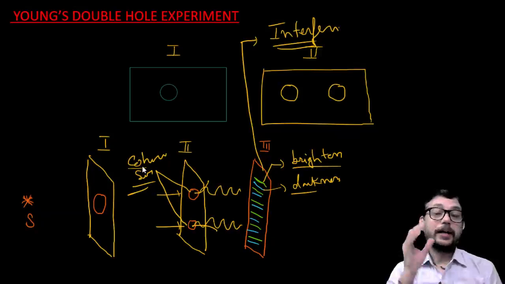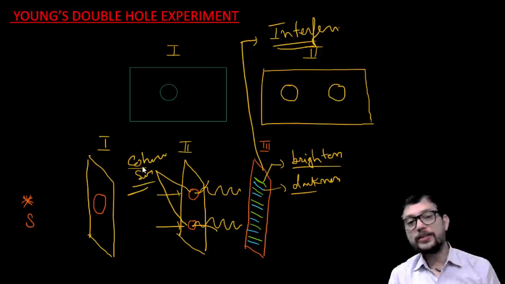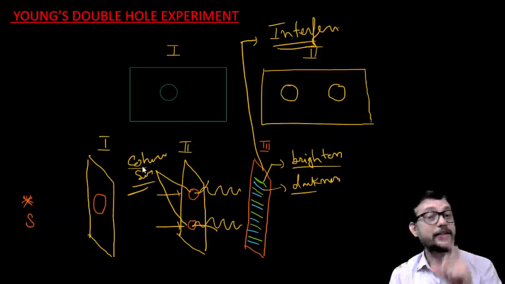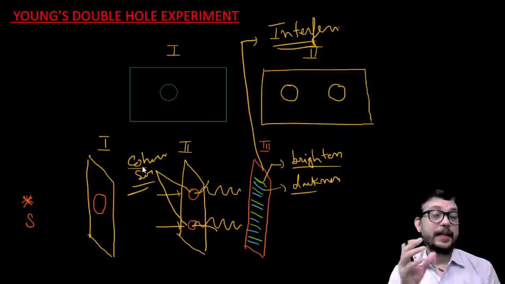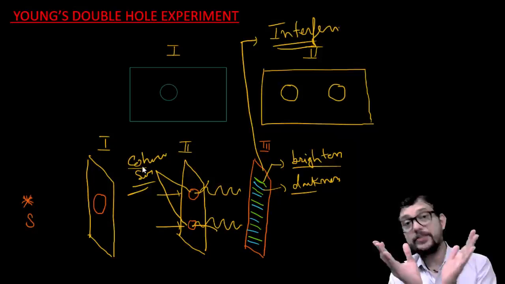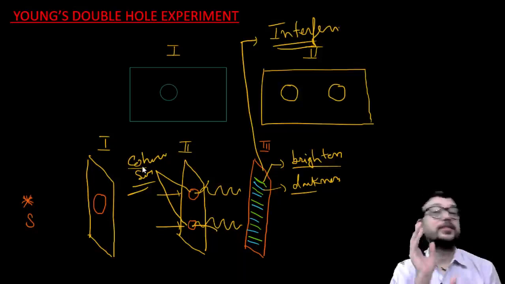So what is the basic sense of a coherent source? A coherent source is a source which emits light of the same frequency. So two different sources emit light of the same frequency.